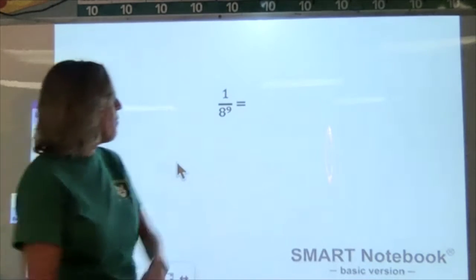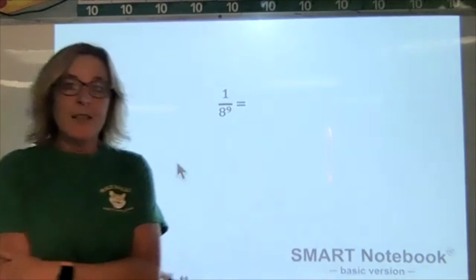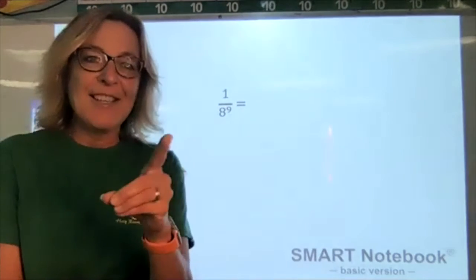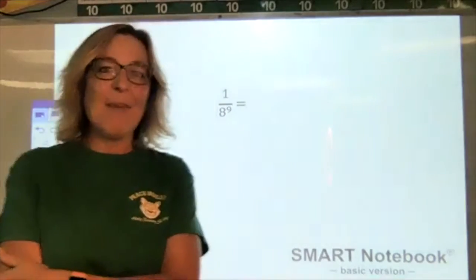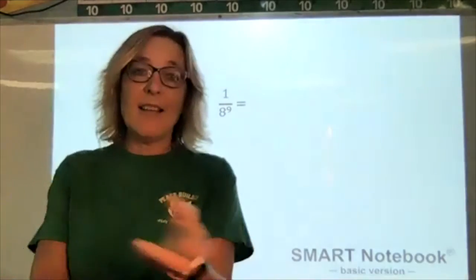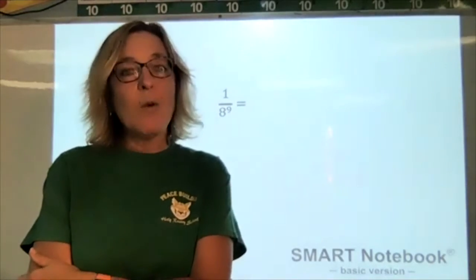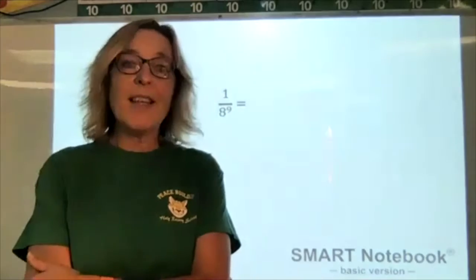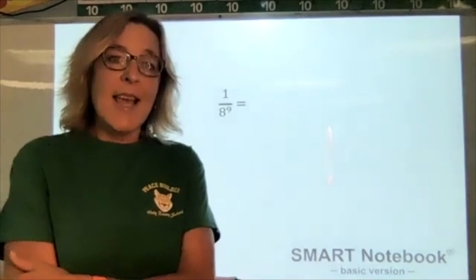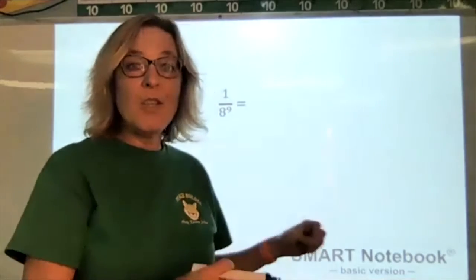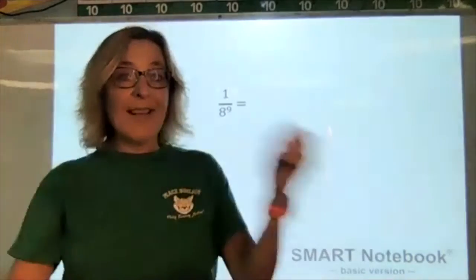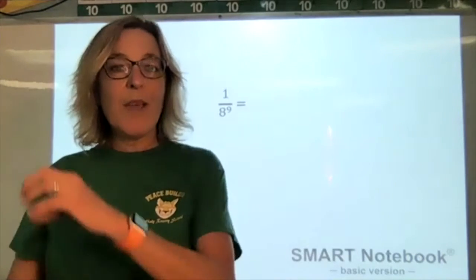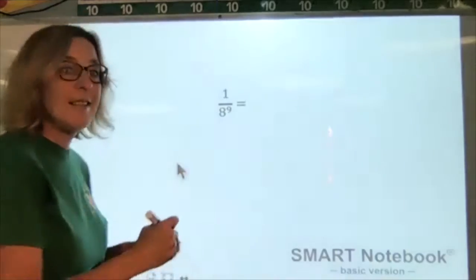All right, what about 1 over 8 to the ninth power? 1 divided by 8 to the ninth power. Now, we want to write this a different way. We want to find another way to write this. If you follow the patterns that we've been doing, we started with negative exponents that ended up in the denominator. So what if we have a positive exponent in the denominator?